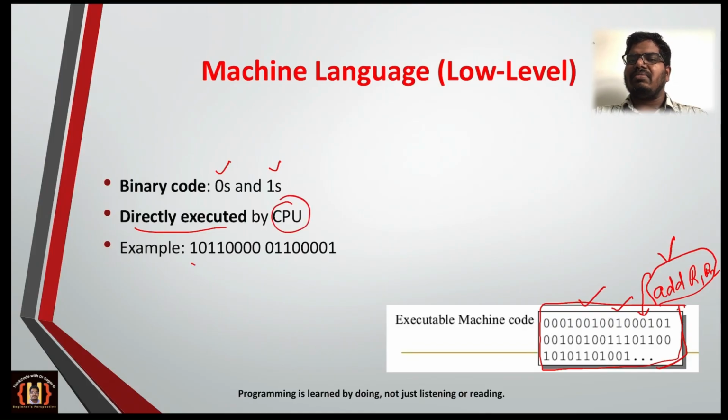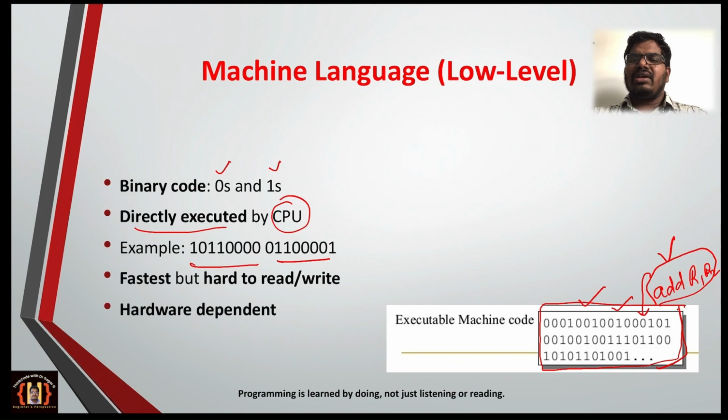You can see example instructions here. It looks like this, machine code, machine level language. They are the fastest, but we cannot easily understand what they mean. You can easily understand add r1 r2 because it's human readable: add means addition, r1 r2 means register 1, register 2.